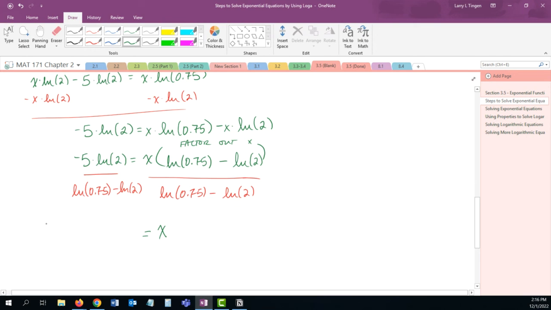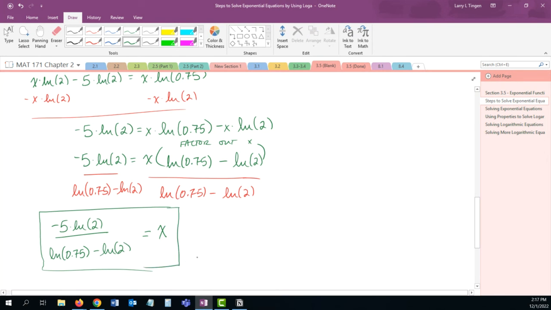And what do I end up with? x is equal to negative 5 times the natural log of 2 divided by the natural log of 0.75 minus the natural log of 2.